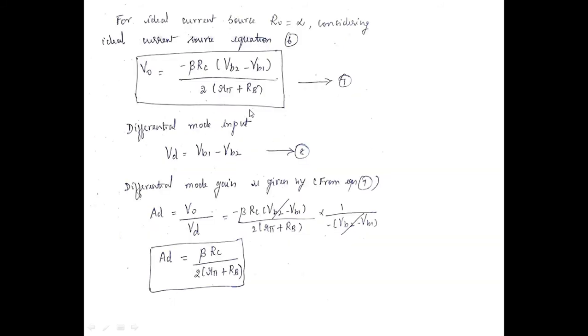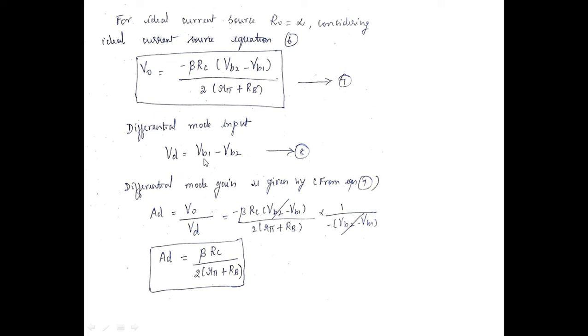So we got the equation like this, and we know that for the differential mode input, the differential voltage is given by the difference between two input voltages, VB1 minus VB2. From this we can find the differential mode gain is given by the output voltage divided by the difference between two input voltages. This VD is given by VB1 minus VB2. So I have substituted in the place of V naught the equation number 7, and in the place of VD I've substituted the equation number 8 over here.